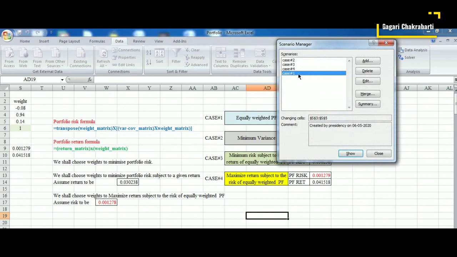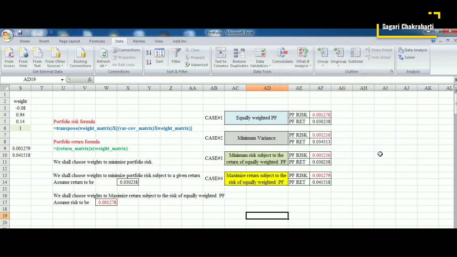So now all the cases have been added in the scenario manager. So we go for the summary. But before that we shall be doing another thing.